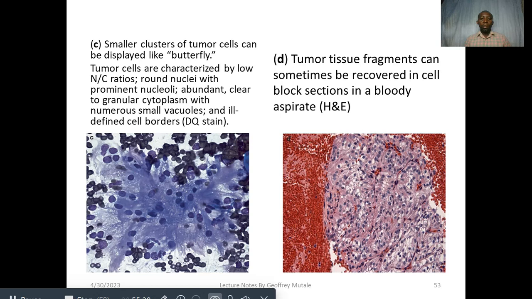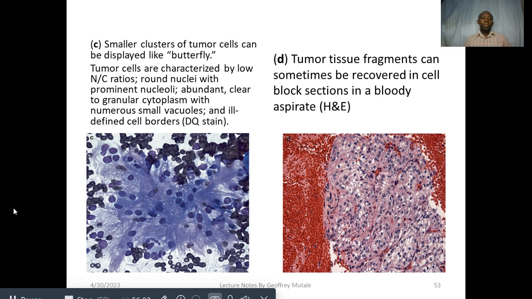So you see on our left we have small clusters of tumor cells which can be displayed like a butterfly if you look at their appearance, and the tumor cells are characterized by low nuclear to cytoplasmic ratio, round nuclei with prominent nucleoli, abundant clear to granular cytoplasm with numerous small vacuolations and ill-defined cell borders.